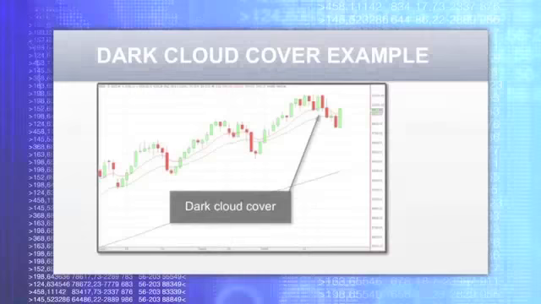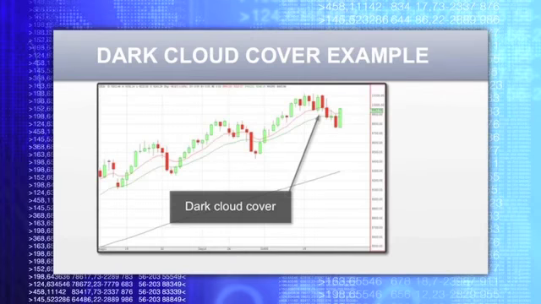It then reverses intraday and it closes below halfway down the body of the blue candle. If that's the case, that's called a dark cloud cover. It's a very bearish pattern. Again, I've shown a couple of examples of it. I find it very useful indeed.